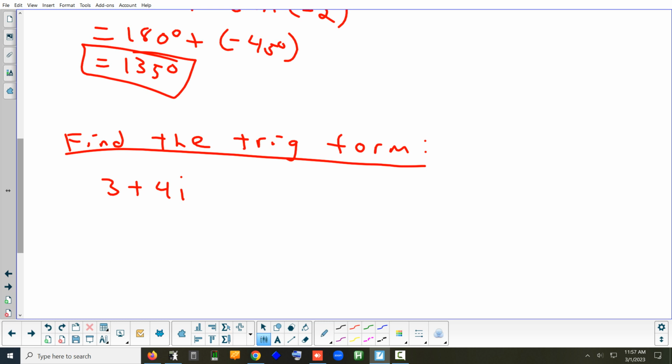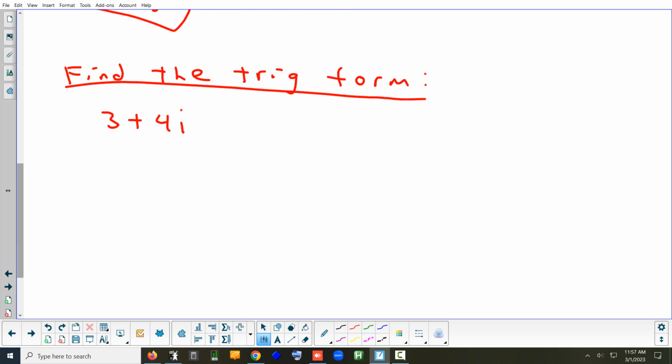Okay, so what quadrant are we in? We're in the first. What's the formula to find your angle in the first quadrant? What's your formula to find theta in the first quadrant?